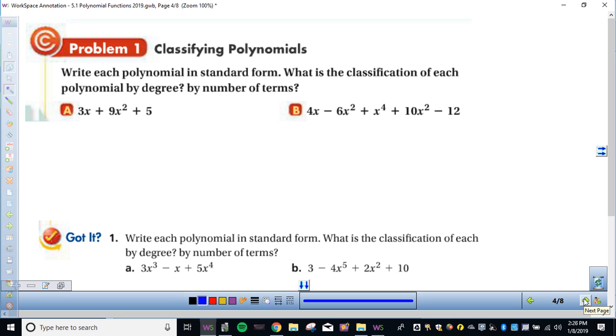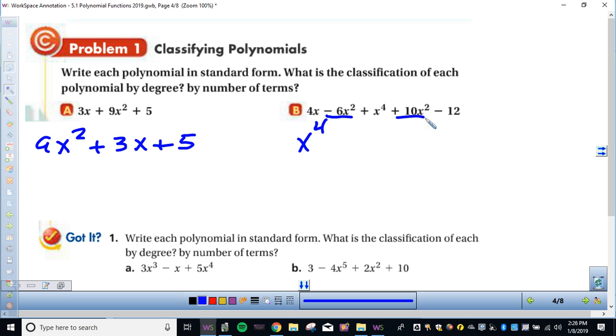So this first one here, A, I have 9x squared plus 3x plus 5. I'm going to name it by degree number of terms after I write in standard form. So for the B1, I get x to the fourth.